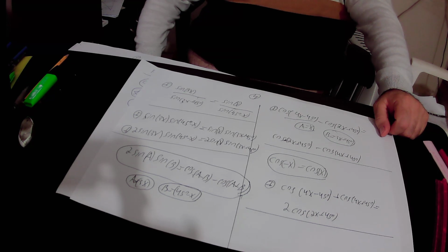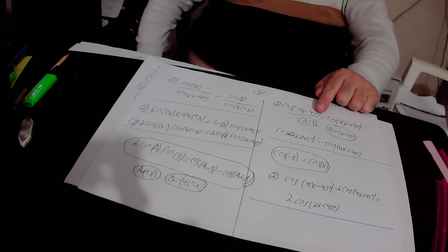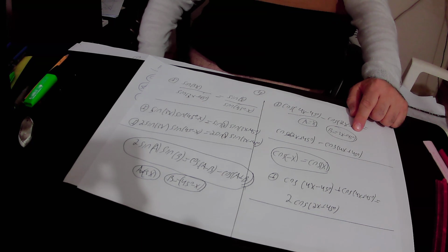So it is actually x minus 3x is minus 2x, and here we have a minus b, so it is x minus 3x is minus 2x, and 0 minus 45 degrees is minus 45 degrees.